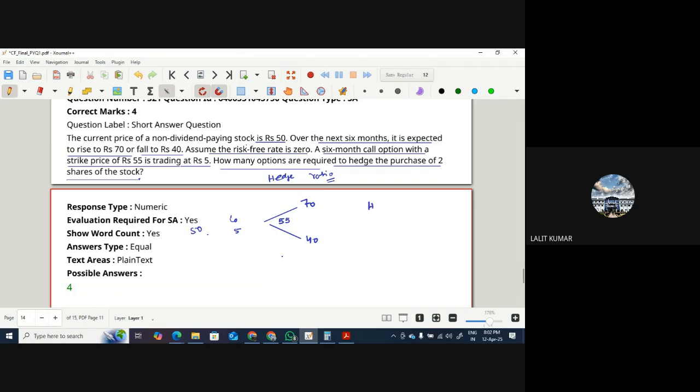So the hedge ratio is equal to CU minus CD, where CD is 0 in the case of a call, divided by SU minus SD. See here, if it is in profit, it will make a profit of how much? 15. CU is 15. Is it okay with everyone?